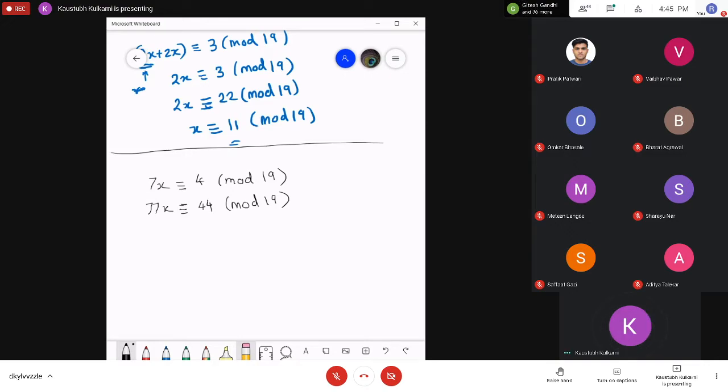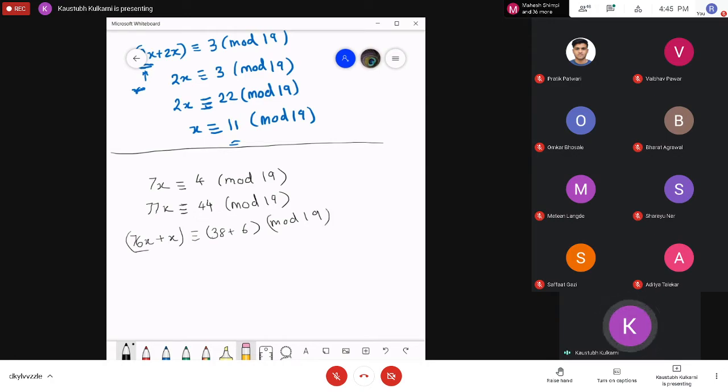Now this is actually 76x plus x, and this side is actually 38 plus 6 mod 19.